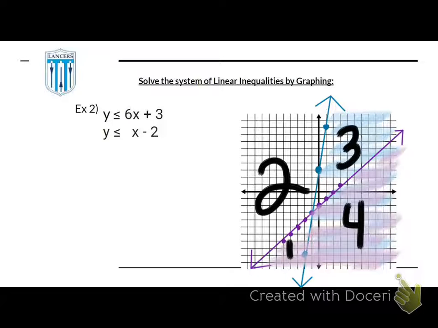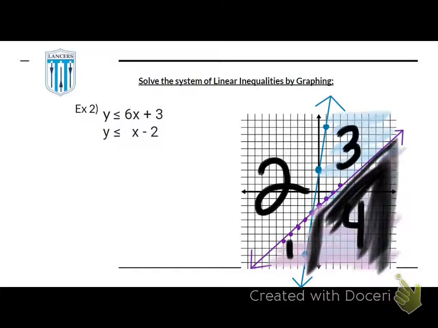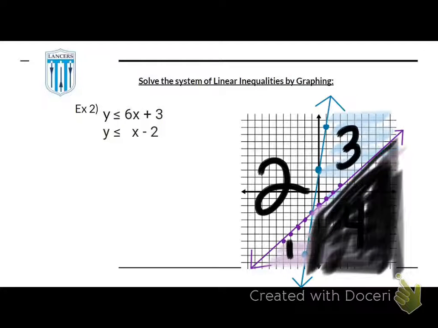Section 4. Okay. So when you do your darker shading, use your boundary lines as a guide. Meaning I'm not going to cross over into the little 1 section. I use that boundary line as a guide. And that section is the one that gets shaded in darker as my answer.